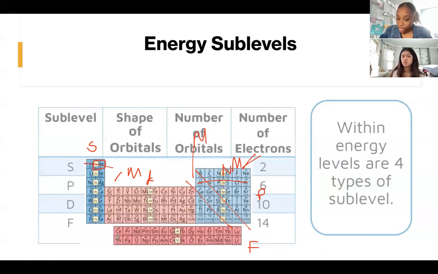Your F level has 14 elements, and your D level has 10 elements. Oh, I get it. Okay.